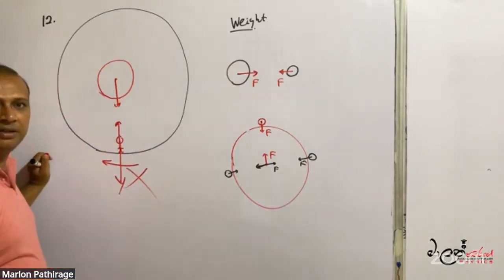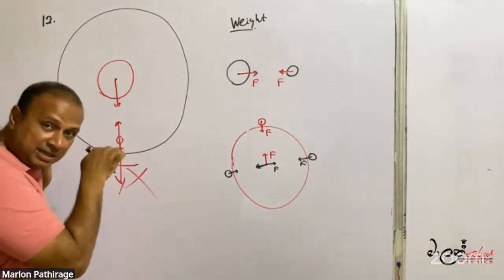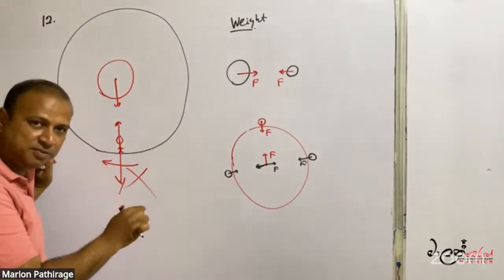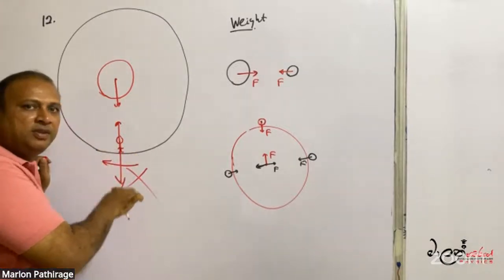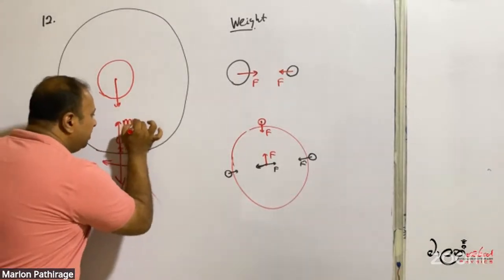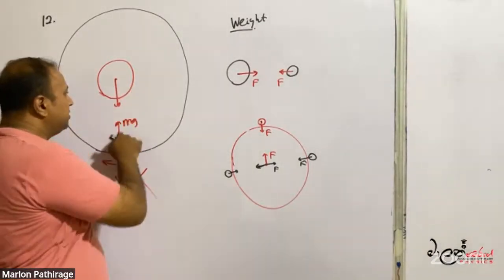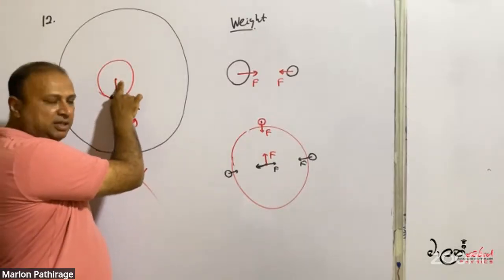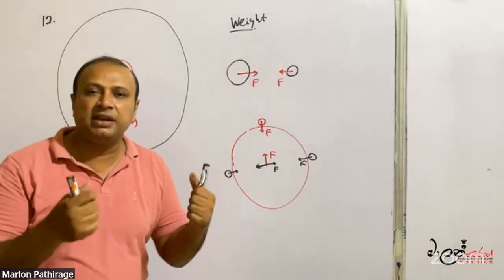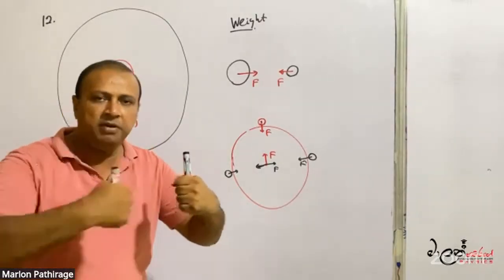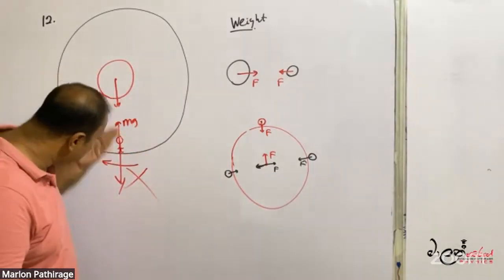If this man is in a gravitational field, definitely the weight should be in this direction, from center to center, because here is the earth and this is the man. The weight, the gravitational force, should be in between them. Therefore, don't mark it downward on the page.